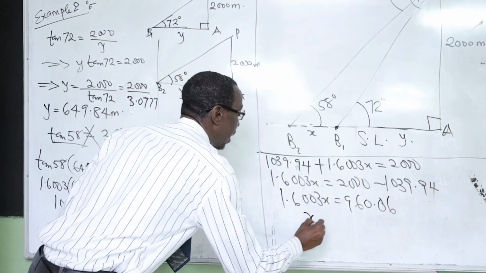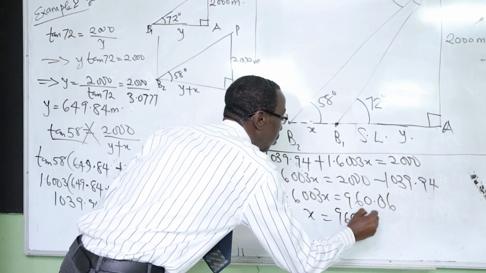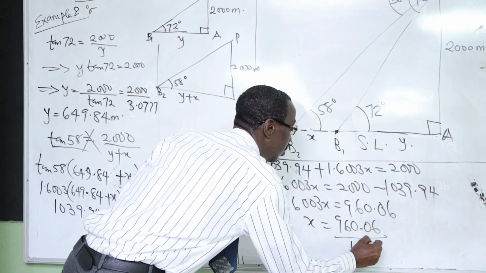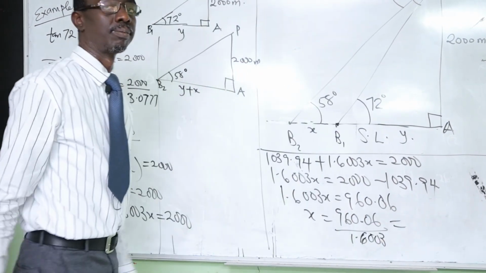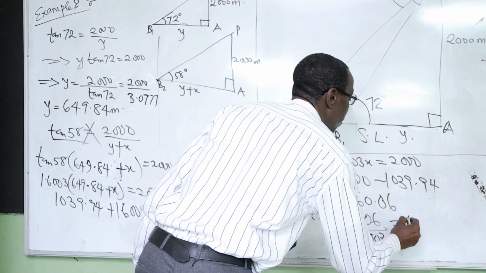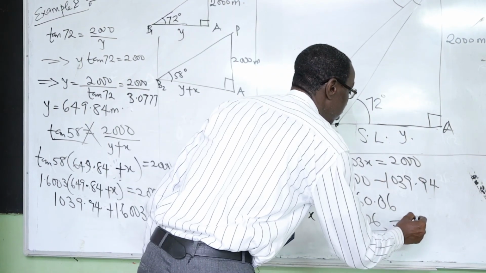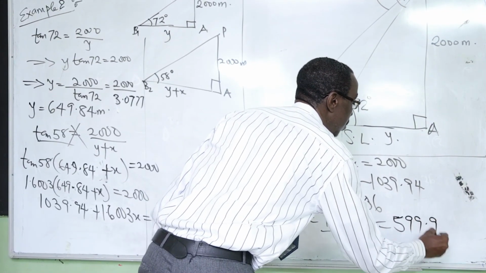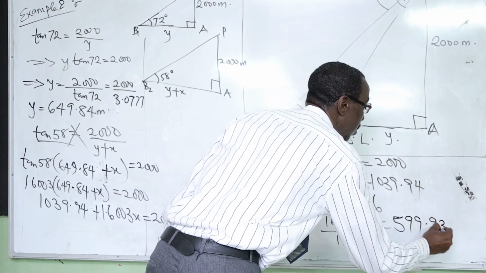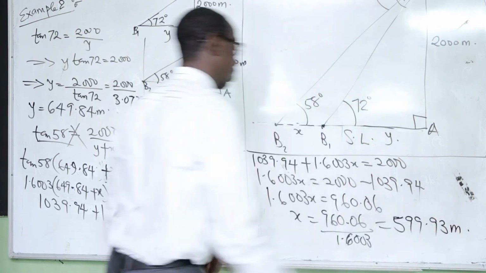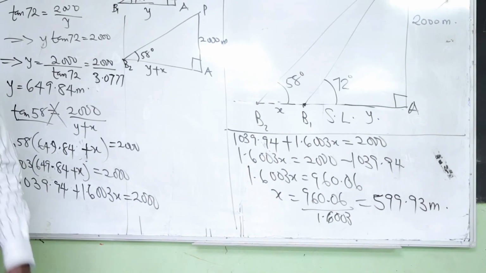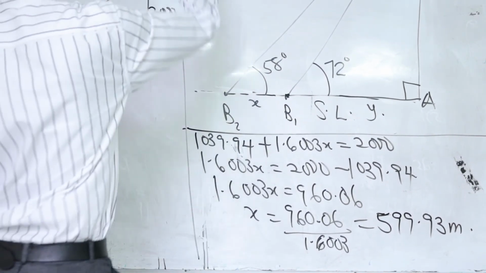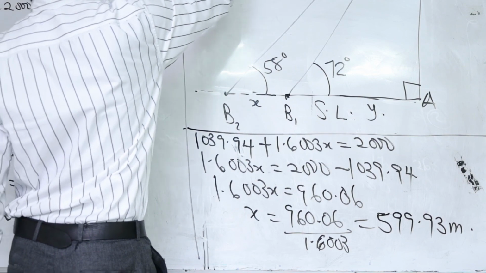Okay, finally, x should be 960.06 divided by 1.6003. What's that? 599.92. To the nearest meter should be 600. To the nearest meter, your final answer is equal to 600 meters.